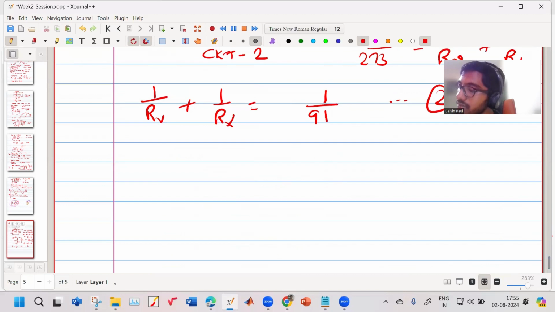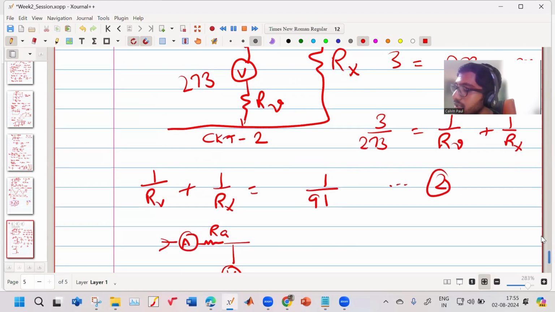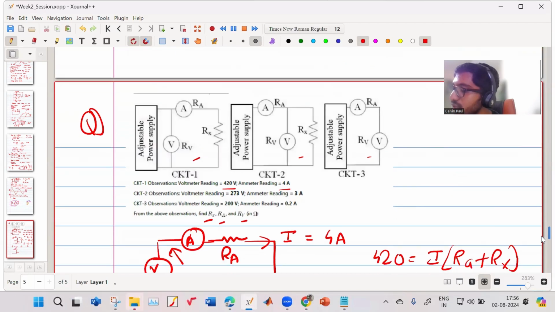It is your ammeter followed by this Ra, and you have this voltmeter and Rv. This current I is given by 0.2 ampere and your voltmeter reading is 200 volt.